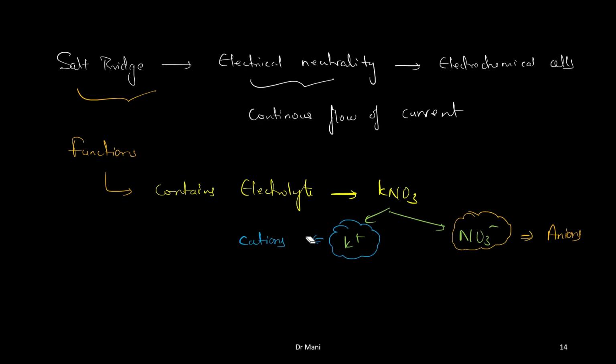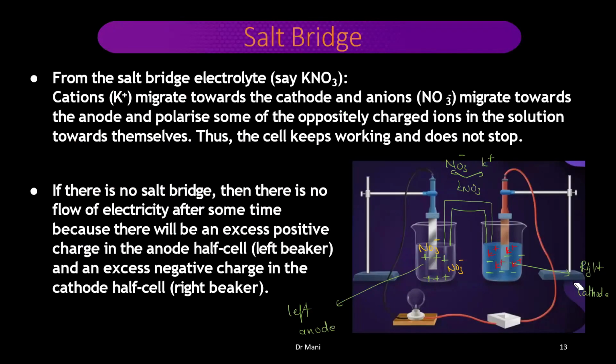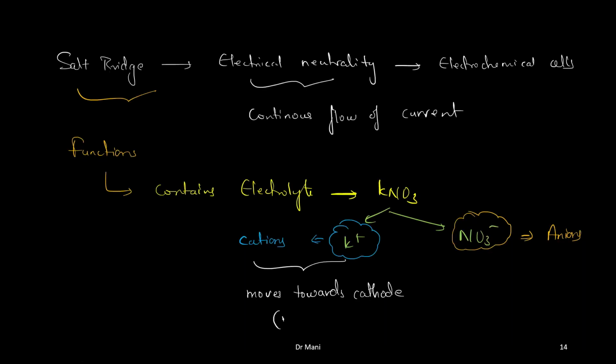So what happens now, this K plus or cation will move towards the cathode. Remember, the cation moves towards the cathode. What is the cathode in our setup? The right side. So it will move towards the right beaker. And NO3 minus, which is an anion, moves towards the anode, which is our left beaker.